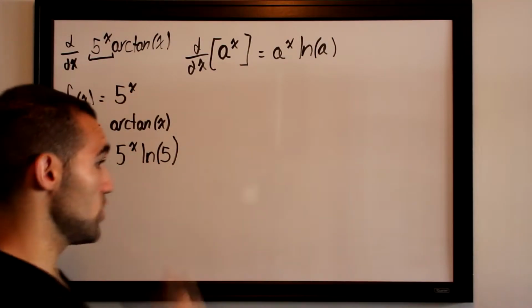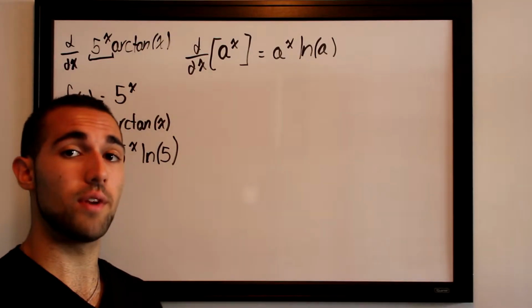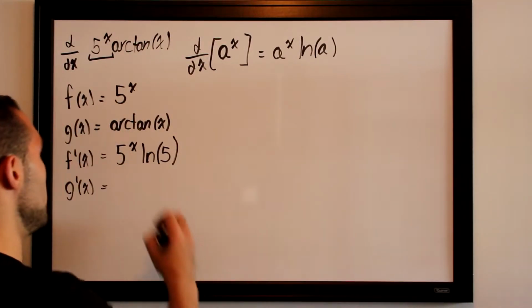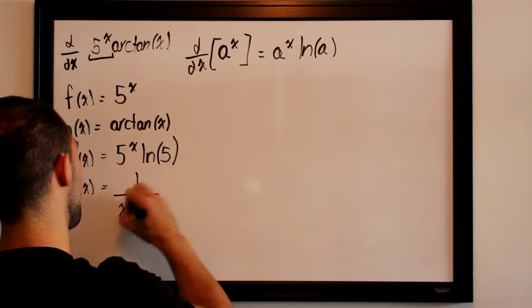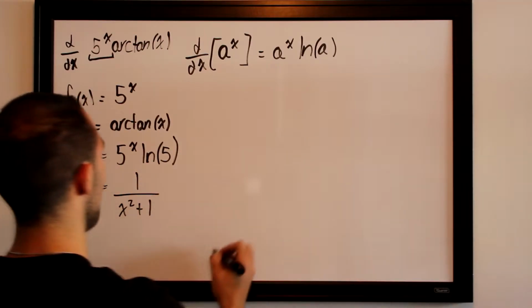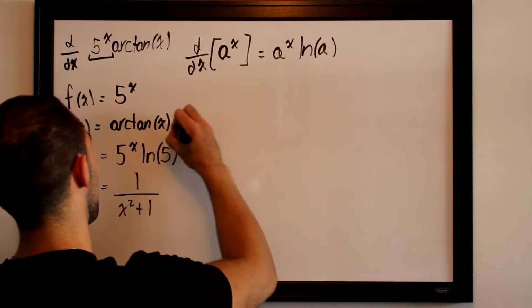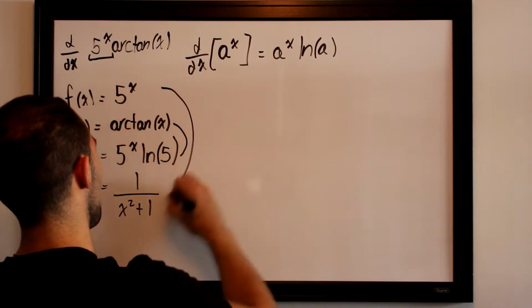And then, just as we covered in the previous video, the derivative of arctangent of x is 1 over x squared plus 1. Now we just join things together, our f prime with our g and our f with our g prime.